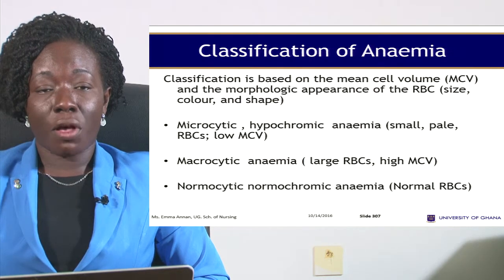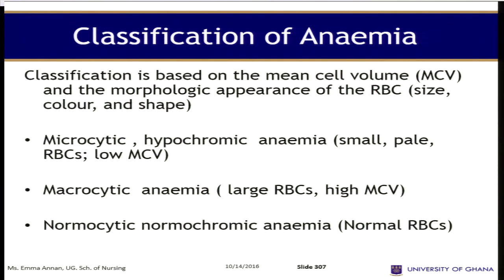Classification is also based on the mean cell volume, that's the MCV, and the shape appearance of the red blood cells, that's the size, the color, and the shape. So for the microcytic, as the name goes, micro, we have small and hypochromic, pale anemia.